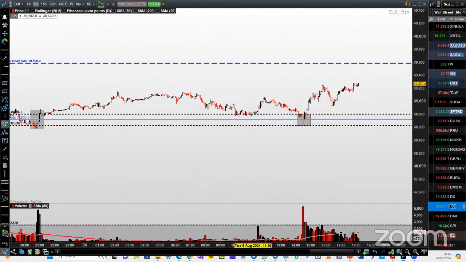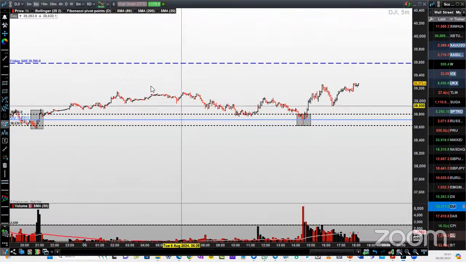So the chart: we've had a huge drop from nearly 41,500 on the 18th of July to roughly 38,400. So what's that? That's three and a half, about 4,000 pips nearly.